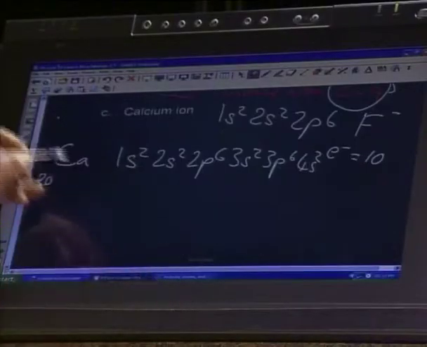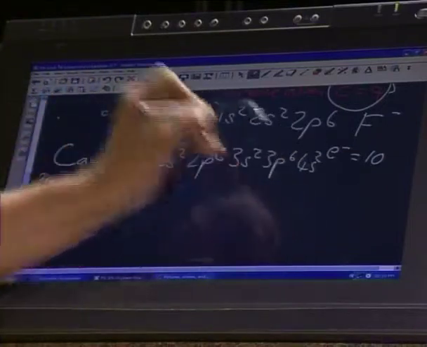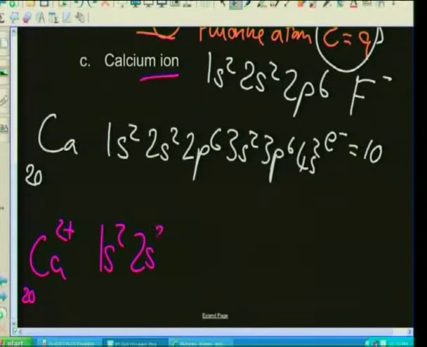And so what we find is that the calcium atom has that as its electron configuration, but the calcium ion is going to lose 2 electrons. So it's not going to be just calcium 20, but calcium 2+: 1s2, 2s2, 2p6, 3s2, 3p6, and no 4s2.